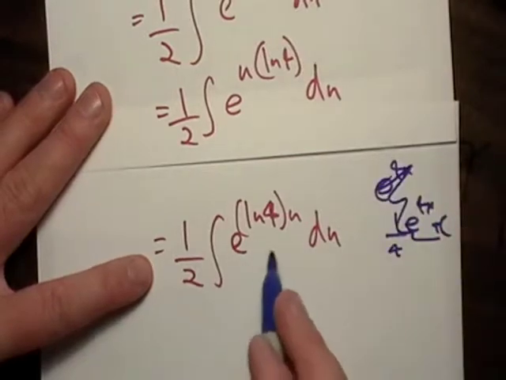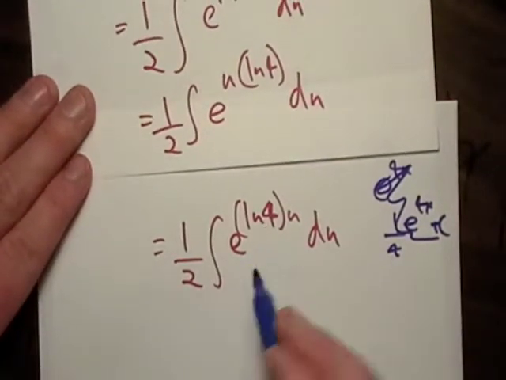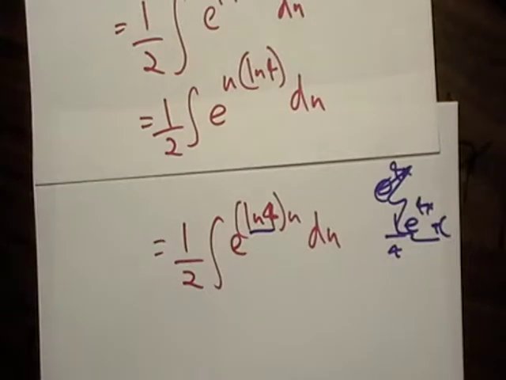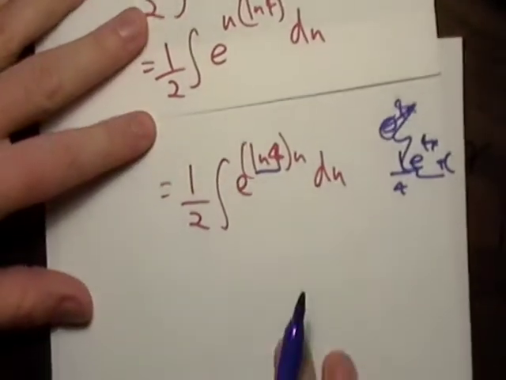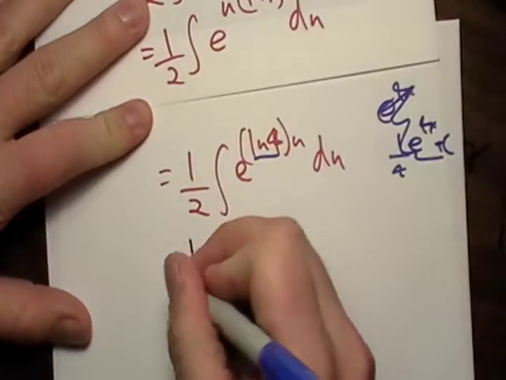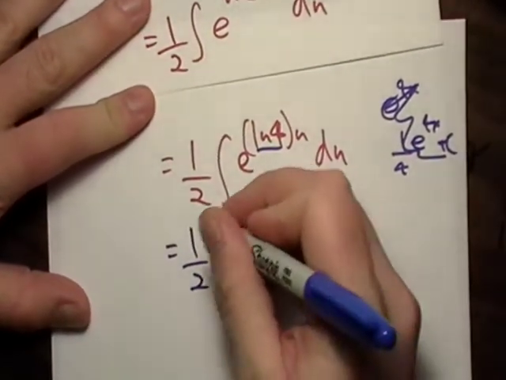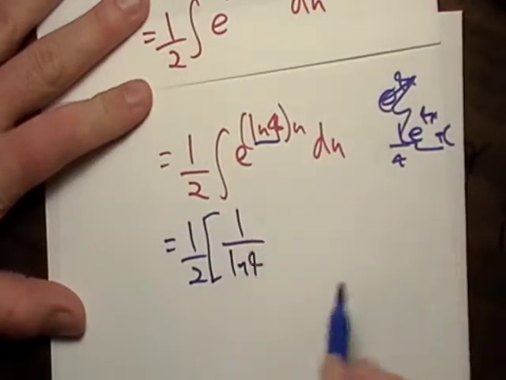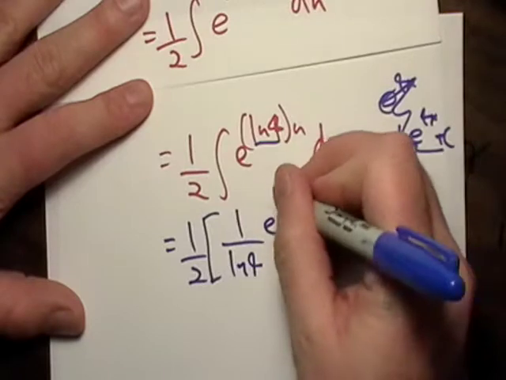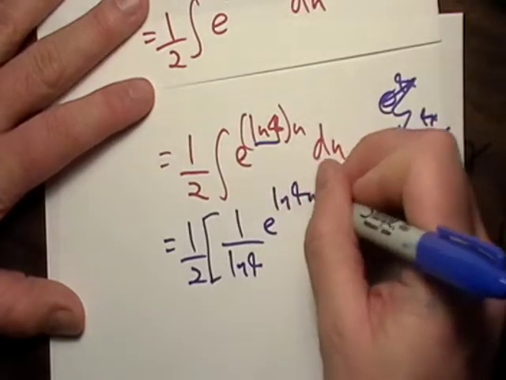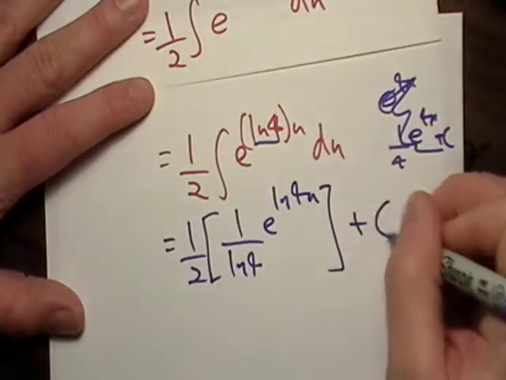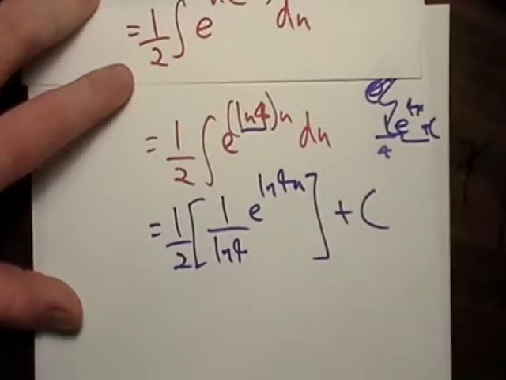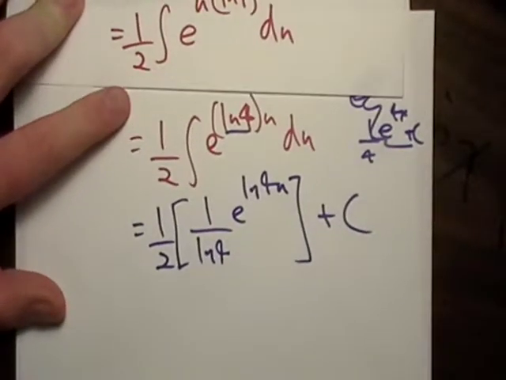So this is starting to look like that, except remember, natural log of 4 is just a constant. So the constant out here stays the same, and our integral of this is 1 over natural log of 4 times e to the natural log of 4 times u, plus c.